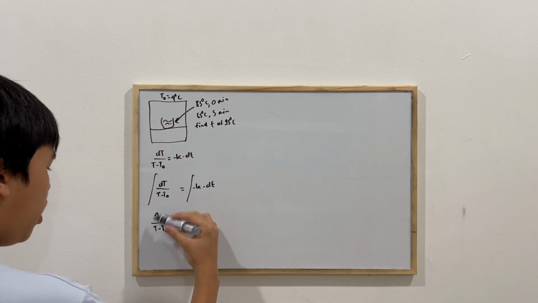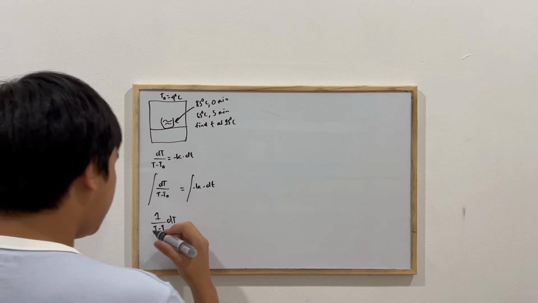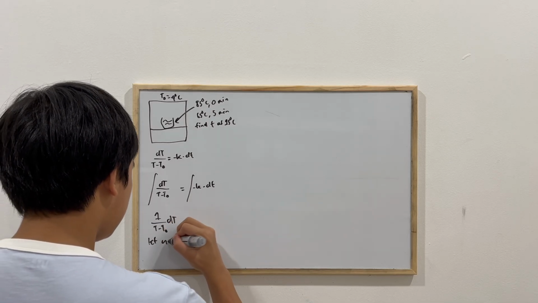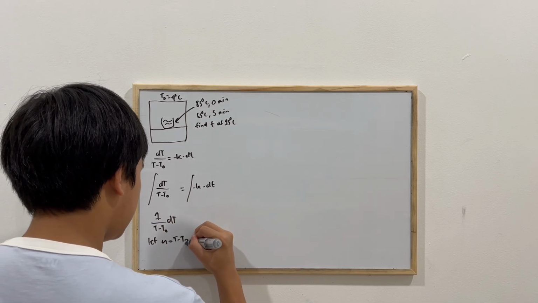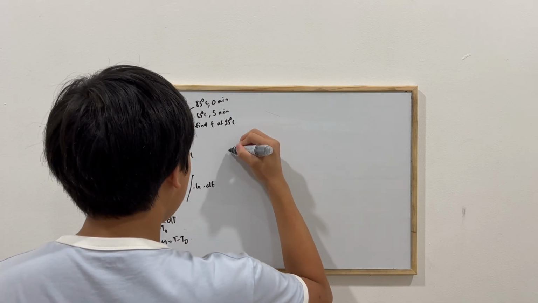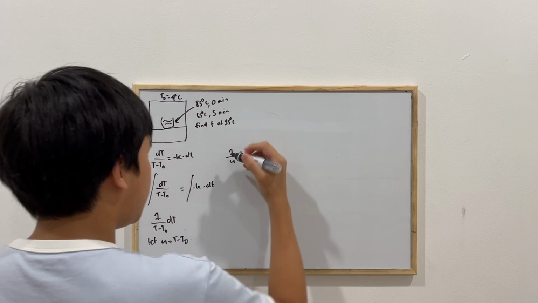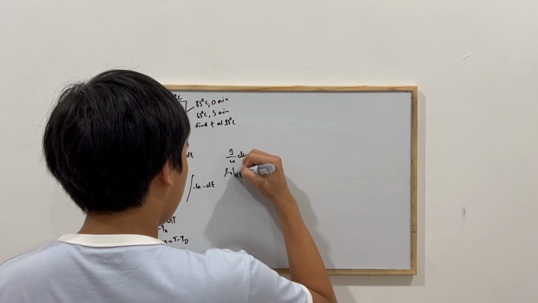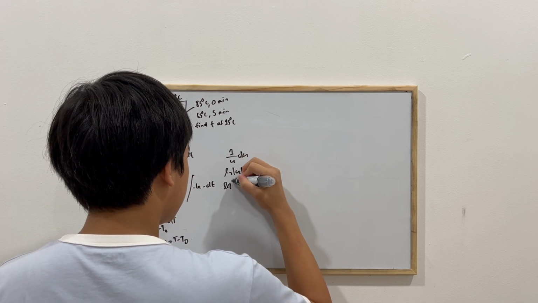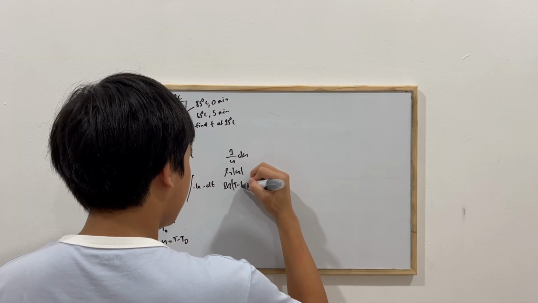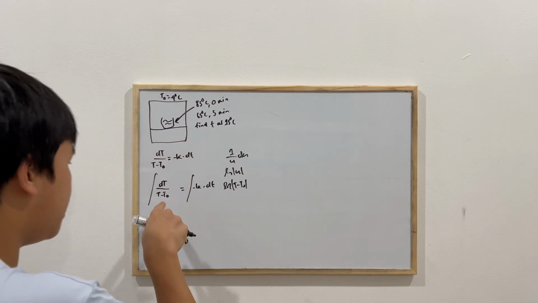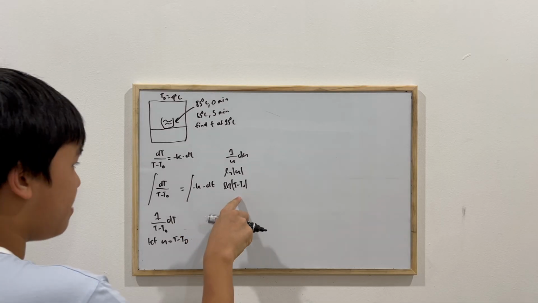Here we have a 1 over something problem, which means we can use u-substitution. So let u equal T minus T0. If we do u-sub, we'll get 1 over u du, which is just going to equal the natural log of absolute u, and we can sub back in T minus T0. So this side is going to integrate to the natural log of absolute T minus T0.